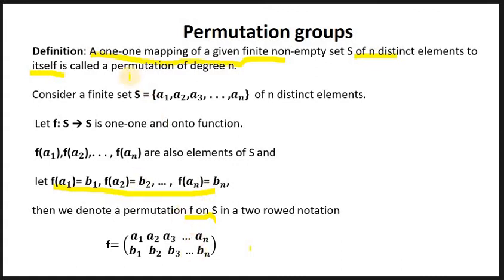So let me define once again. A 1-1 mapping of a given finite non-empty set of n distinct elements to itself is called a permutation of degree n.